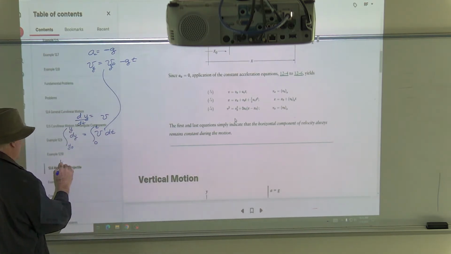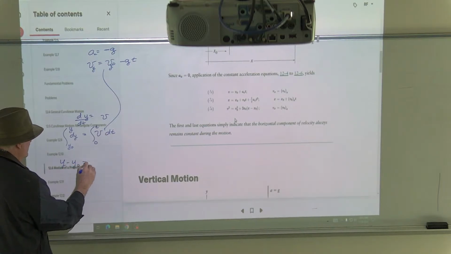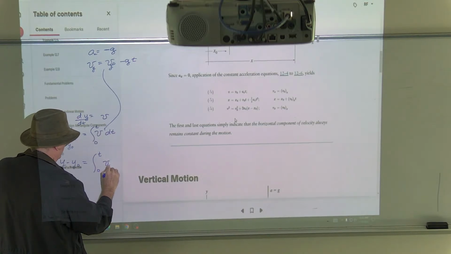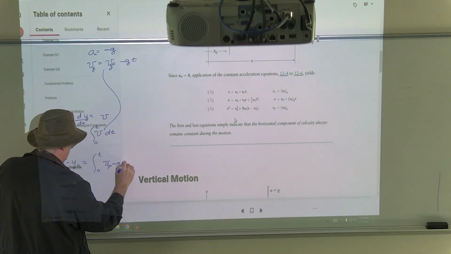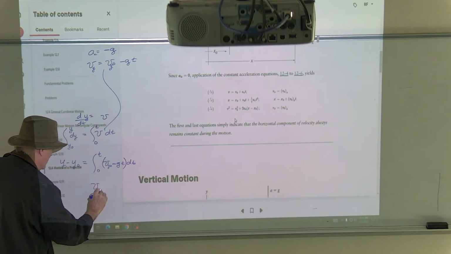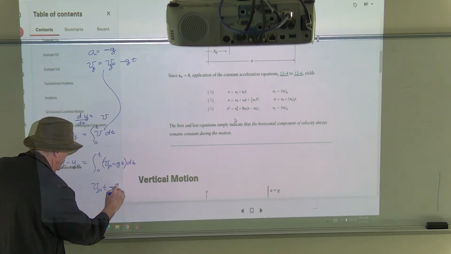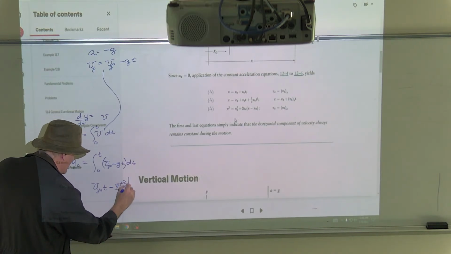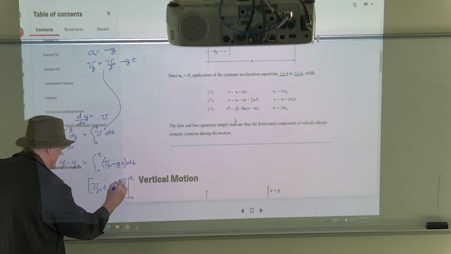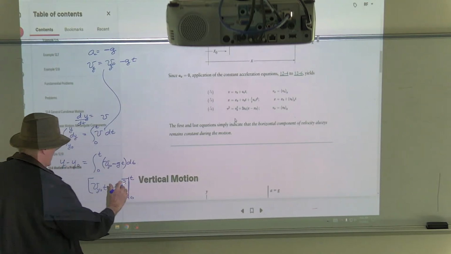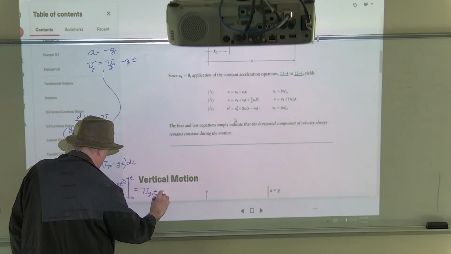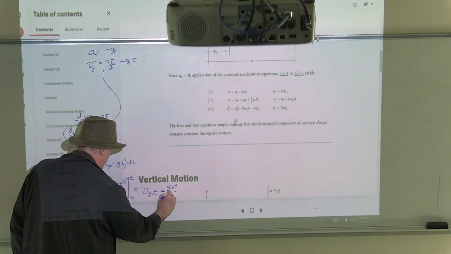So what I'll have is y minus y naught is equal to the integration from 0 to t of that thing, dt. So I get nothing more than vy naught t minus gt squared over 2. All that's evaluated from here to here. And so the right-hand side just becomes vy naught t minus gt squared over 2.